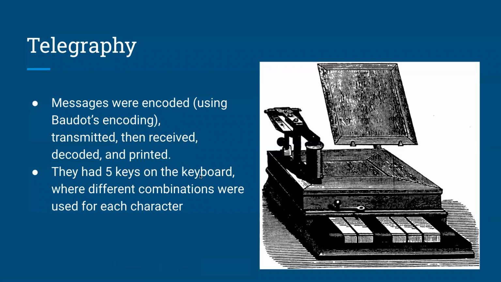ASCII came about 80 years after this, and this was the primary communication back then. So whatever key presses you do, they will be encoded, transmitted, and sent. At the other end, someone can receive it, decode it, and print it out.